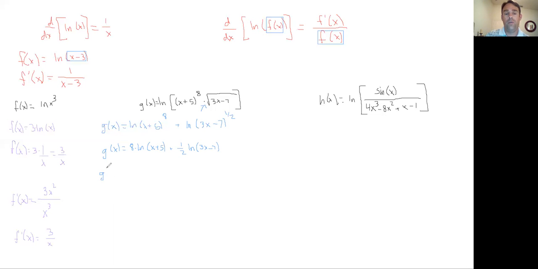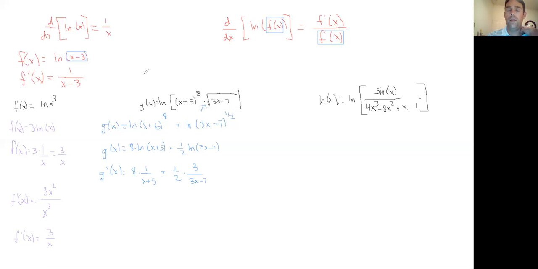Now, once it's all the way expanded, it makes the derivative so much easier. So I have 8 times 1 over x plus 5 plus 1/2 times 3 over 3x minus 7. And friends, again, if it's on the FRQ portion of the AP test, leave it alone.